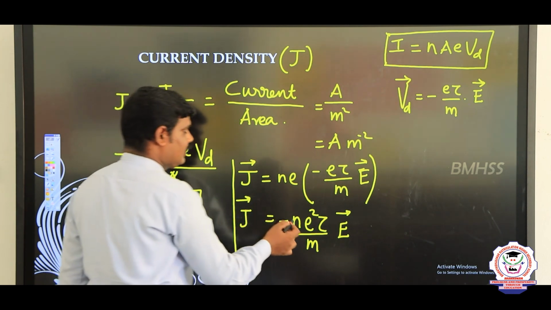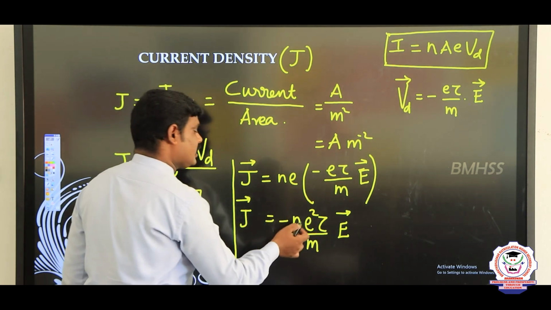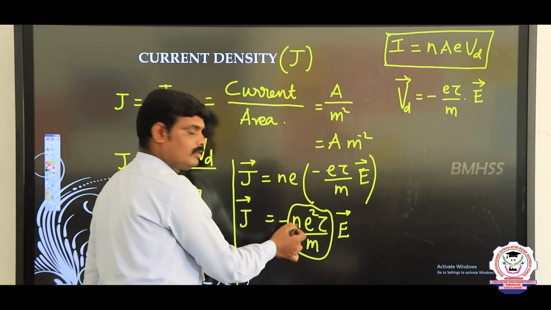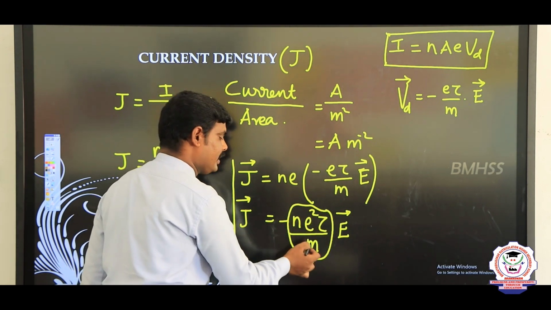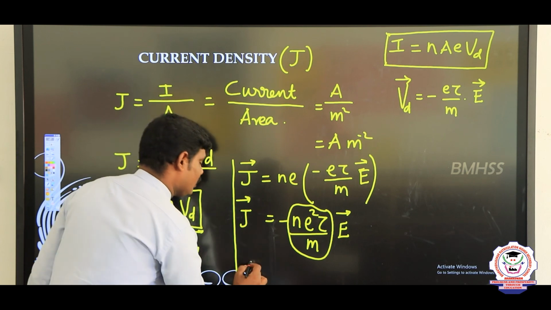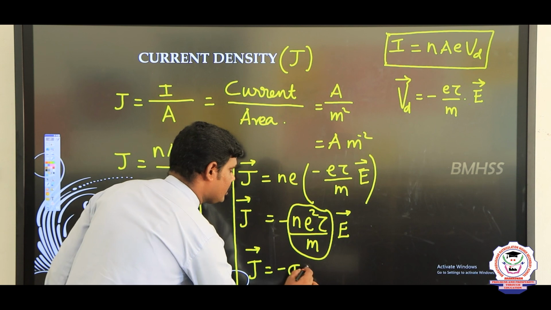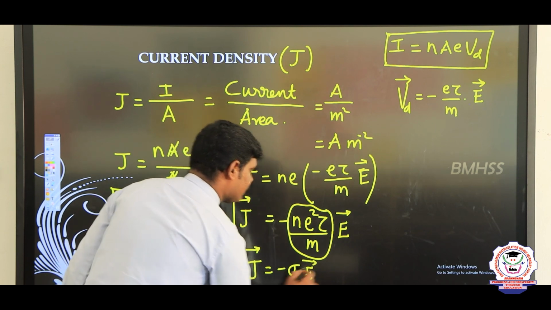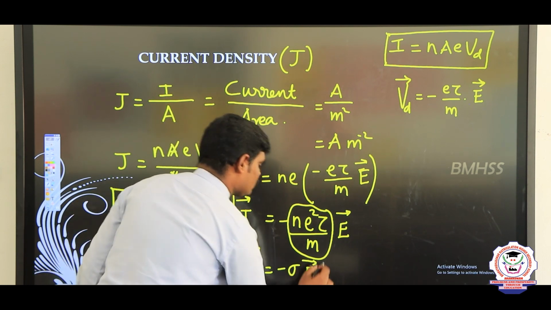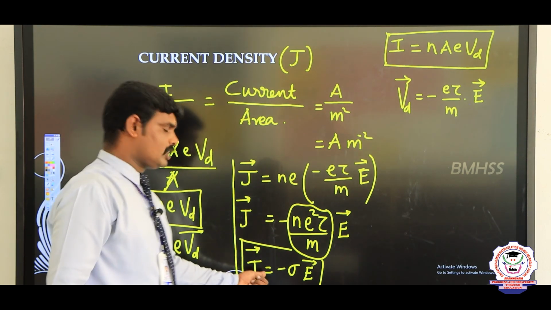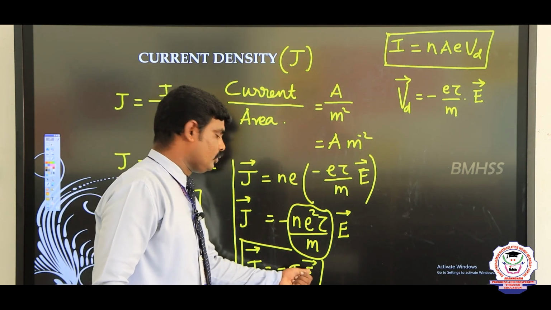Here in this equation we can write e square n tau by m as sigma, because that is a constant. So minus sigma into E vector. So this is your final equation: J vector is equal to minus sigma into E vector.